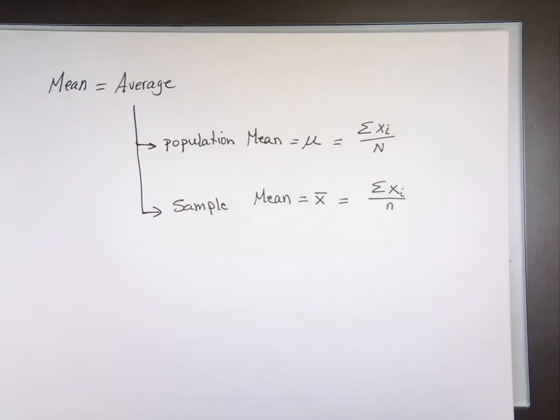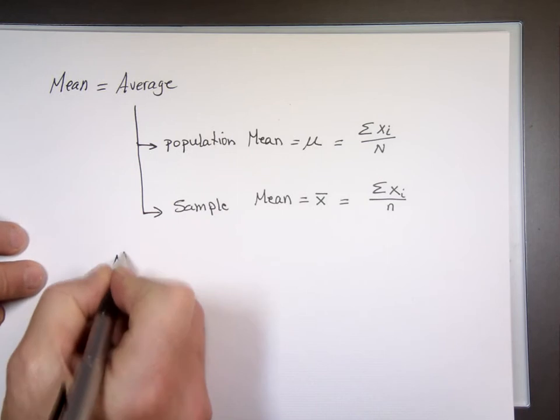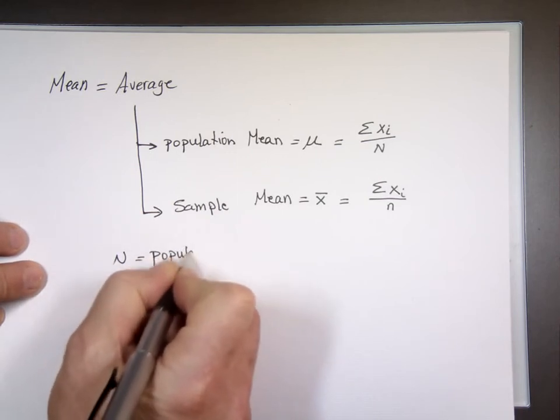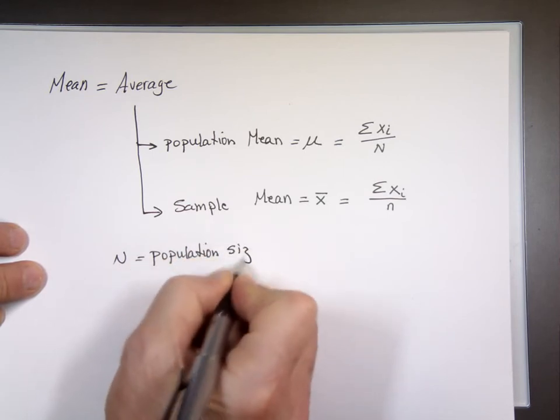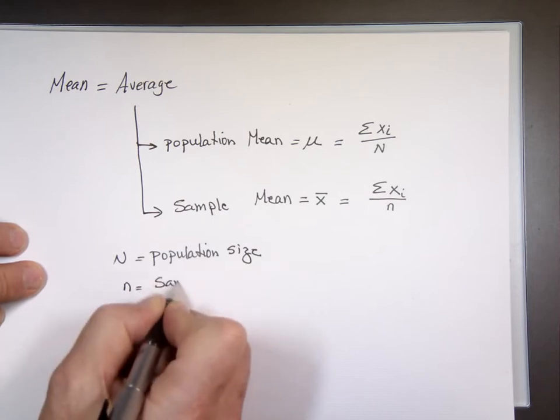So it's the same number, really. We just give it two different notation. But to calculate, that's the same thing. The sum of all the values divided by the number of values. Small n, again, capital N, that's your population size, and small n is the sample size.